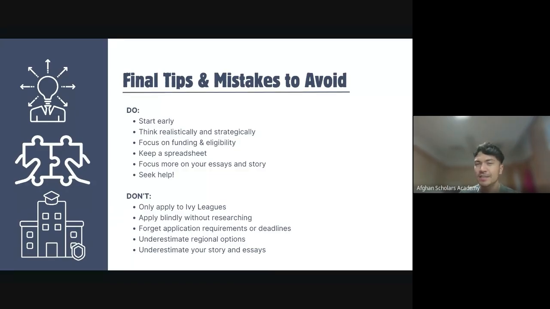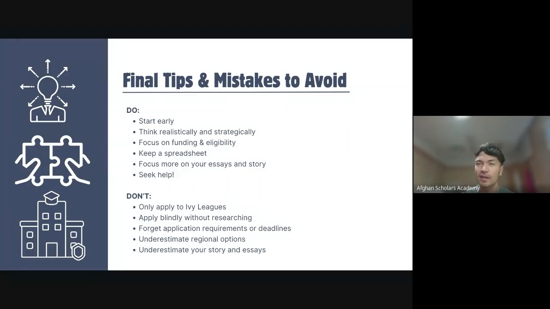Think realistically and strategically, and do not imagine things. Do not be hypothetical. Try to be realistic. These are the things that I need, these are the things that I don't, and this is the college that I'm not eligible for. These are the colleges that I'm eligible for. What I can do to improve myself, what I can do to improve the application. Do not be imaginary.